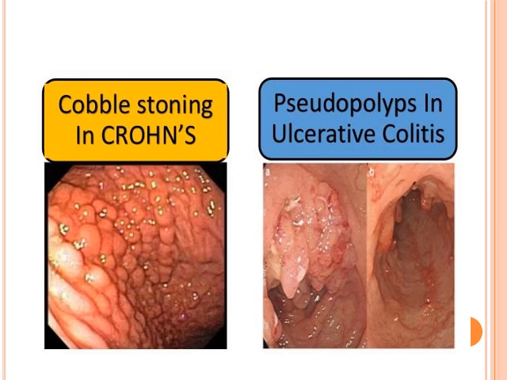So here in this picture you see cobblestoning on your left, and these are some pseudopolyps that you can see protruding into the lumen of the intestine.